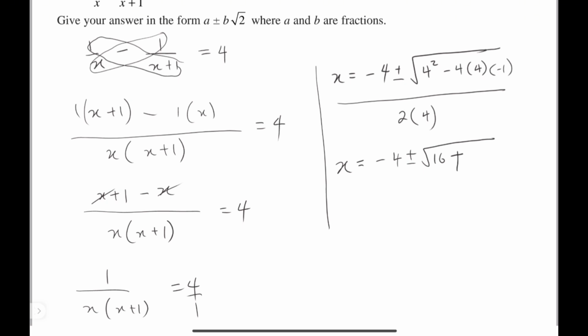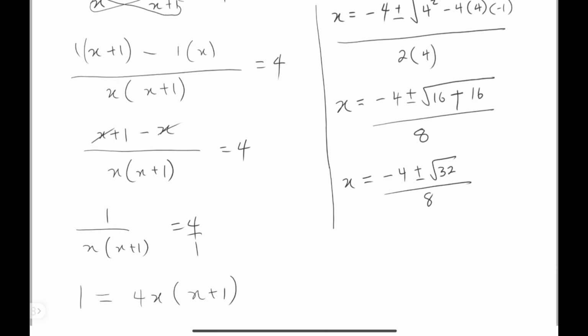So our answer becomes plus 16, divided by 8. So this will make x equal to minus 4 plus or minus root 32 divided by 8. And 32, as we can see, is 16 times 2.